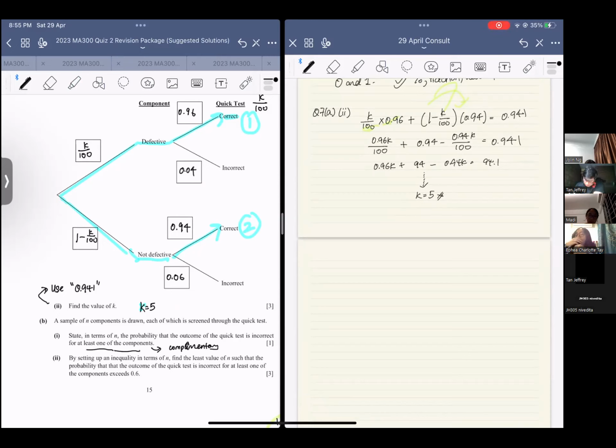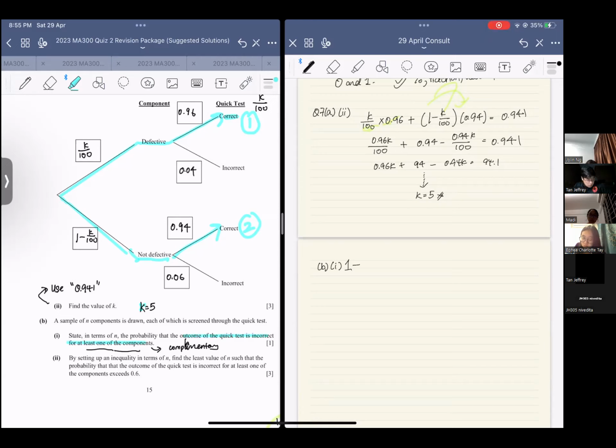Sorry, not complement, I think complementary. Complementary I is the one that people give you. So E means the opposite. So you think, okay, I know that all the probabilities add up to 1. If I want to define this, the quick test is incorrect for at least 1.